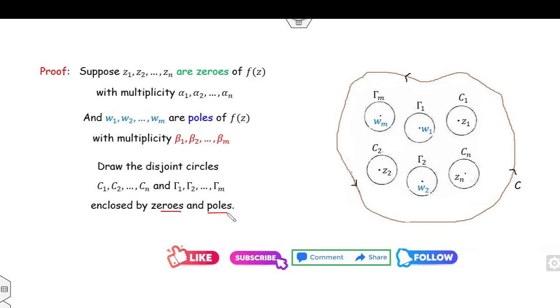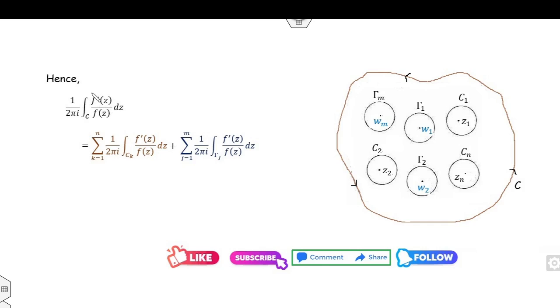Then by using the Cauchy integral theorem, we can find the integration is the sum over all those circles: the integrals about the circles C1, C2 and Cn plus the integrals over all the circles corresponding to the poles. So this component corresponds to my zeros and this component corresponds to my poles.